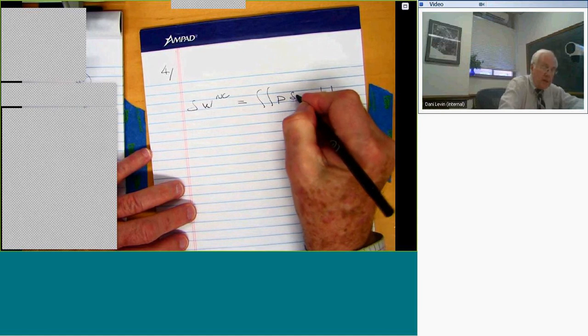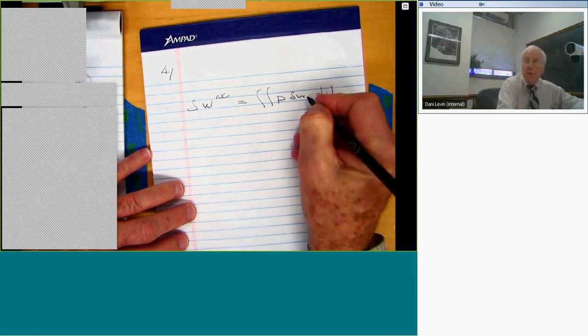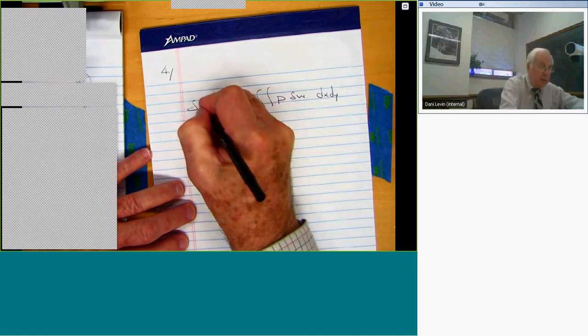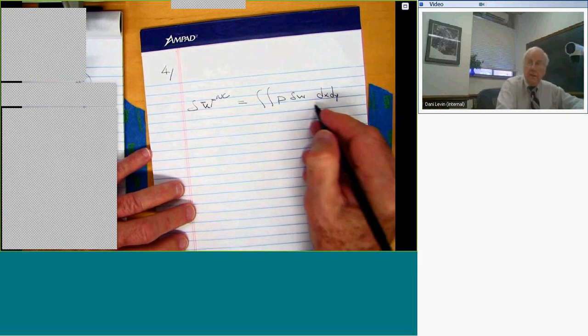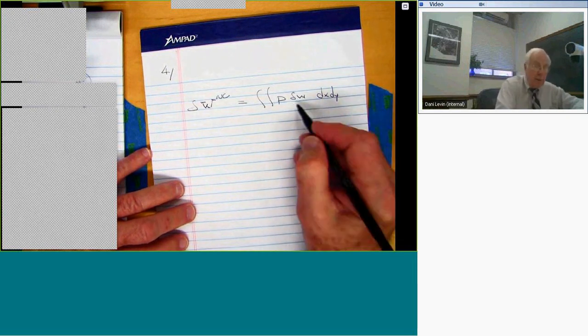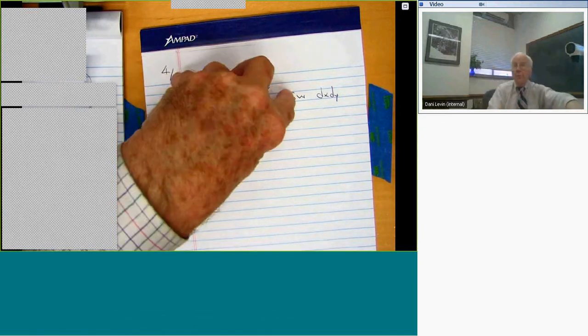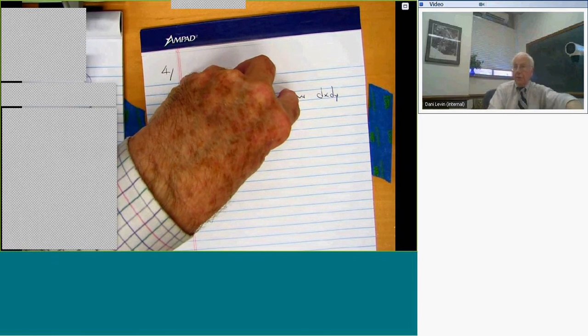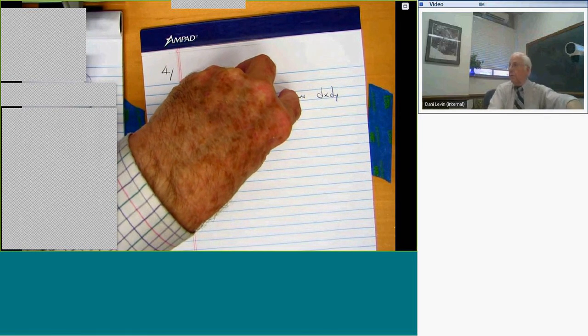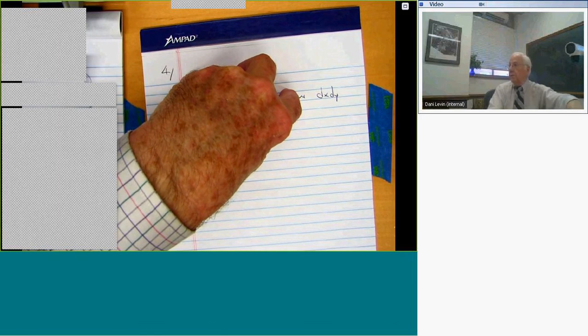Times the deflection, that's a small w, not to be confused with capital W, okay? dx dy, right? Because P times dx dy is the force on a little elemental area, dx dy, and that's multiplied by the virtual change in the deflection, right, is equal to the virtual work.